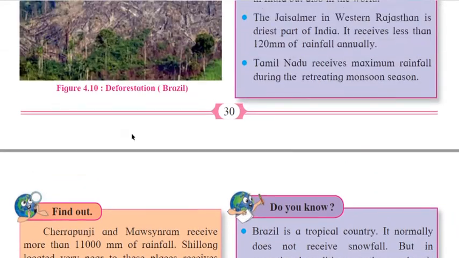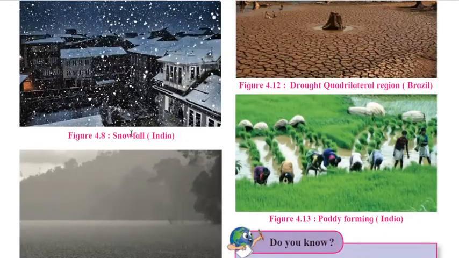This is also for your general purpose. Now we will learn the question and answers about the map. Because we have learned the geographical explanation about Brazil and India, we are able to do the questions and answers that are asked using the map. So let us learn about those questions and answers.